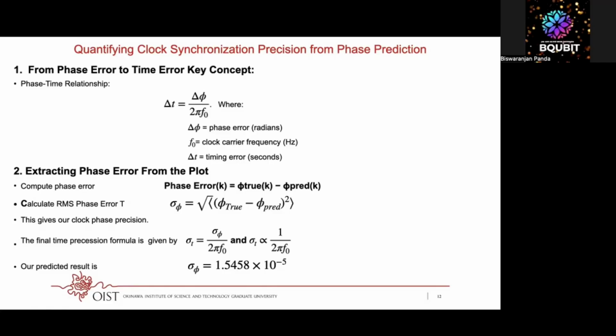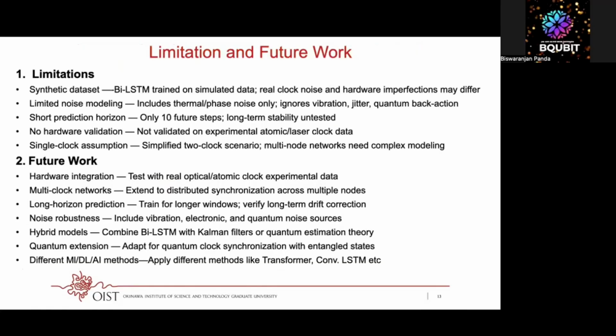Usually f naught is in megahertz, so our prediction will be near the nanosecond regime. So it is a nice result. We are happy with it, but we'll see what the problems with it are.